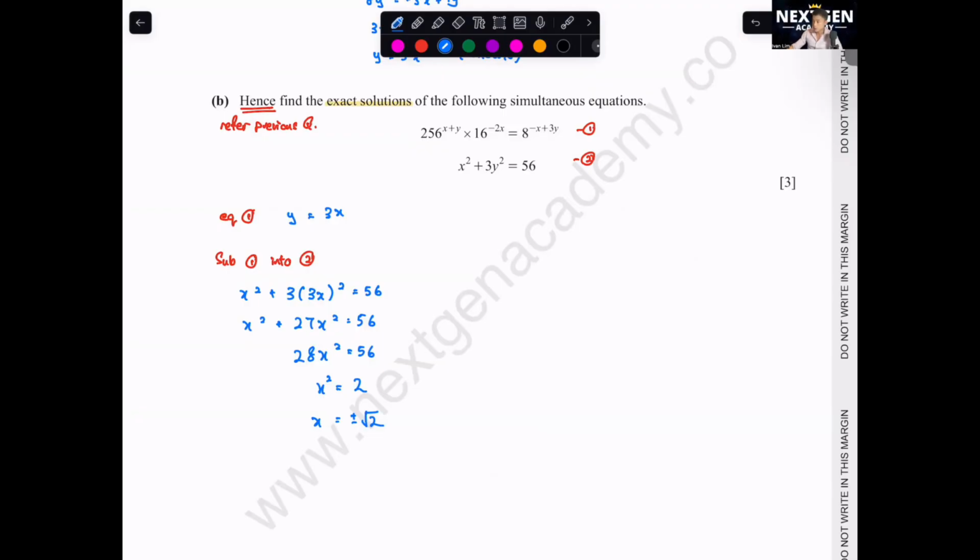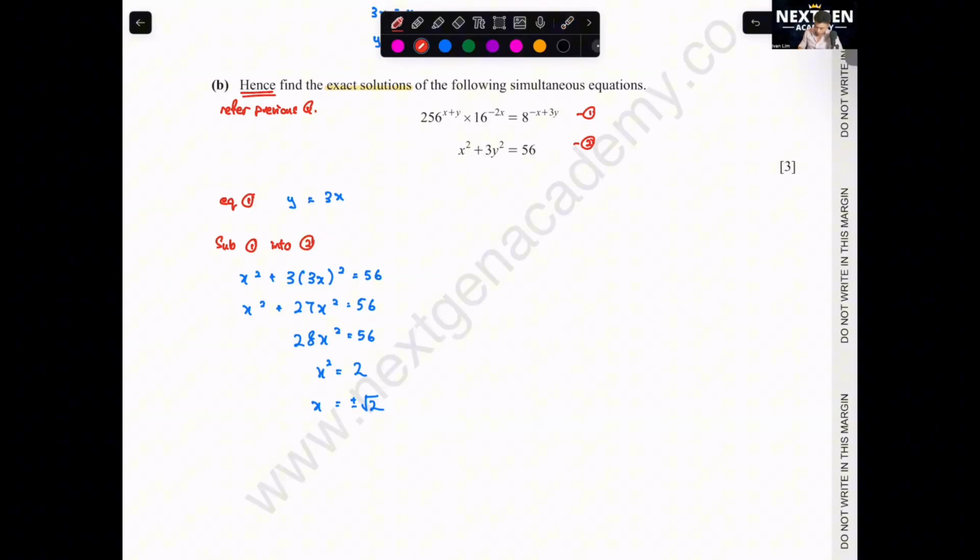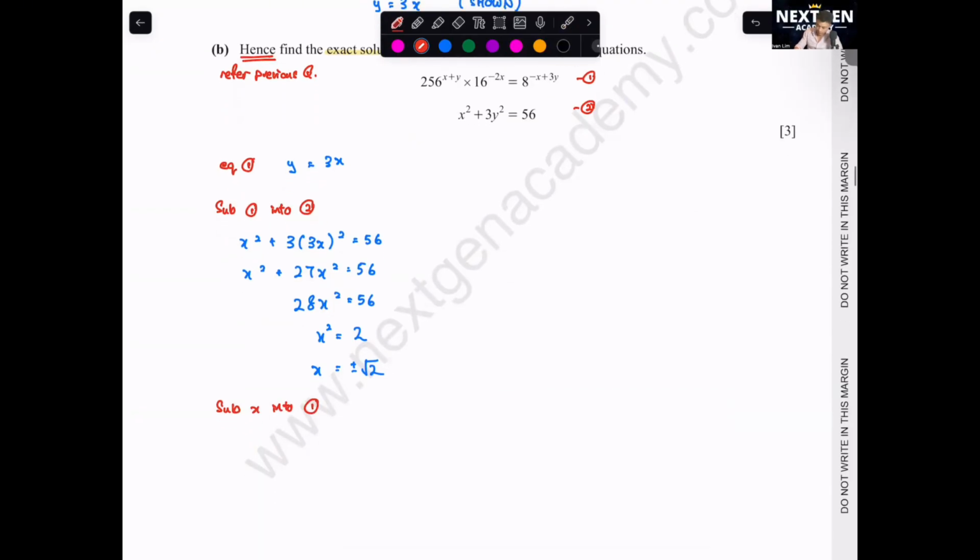Once we have this, you need to go and find your y value. Which equation do we sub into? I will substitute into equation 1. Maybe I erase this one, I refer to this as 1.